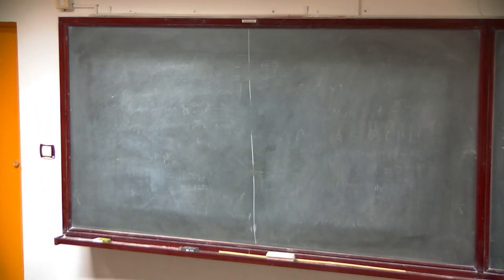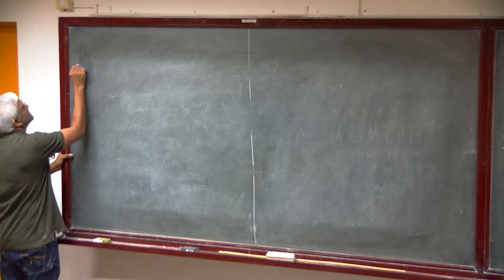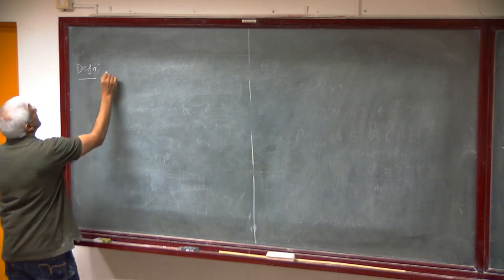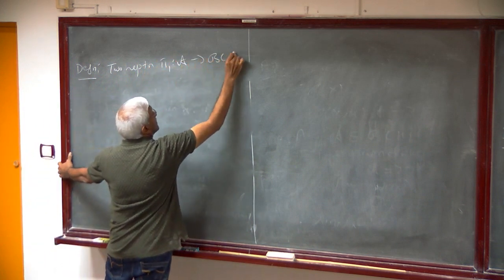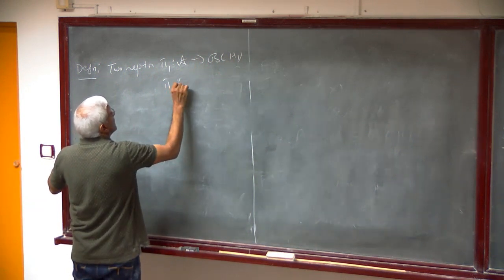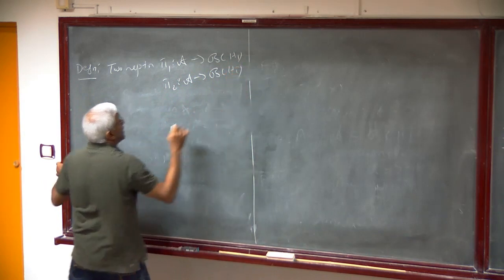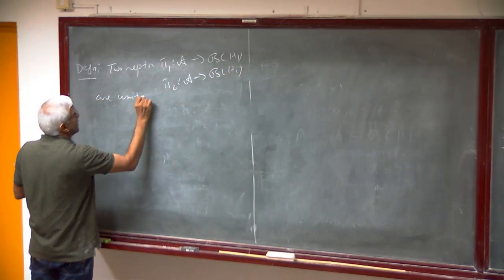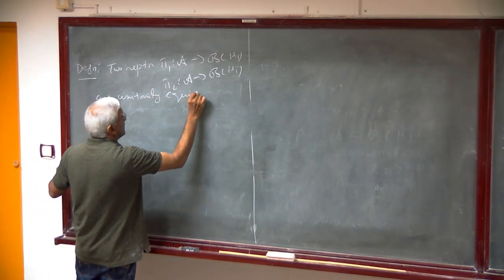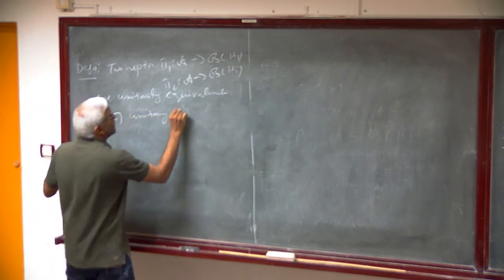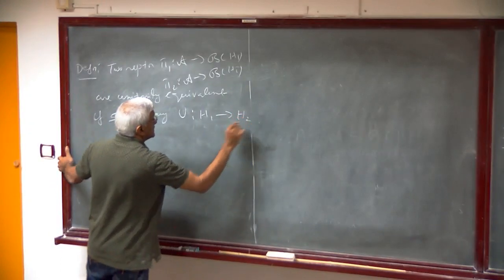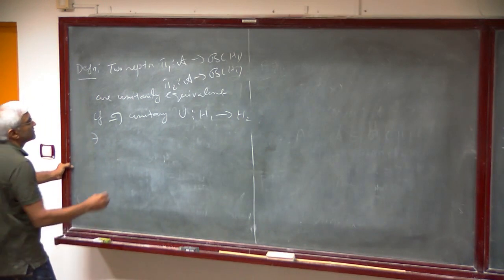Now, definition: two representations, pi 1 from A to B of H1, and pi 2 from A to B of H2, are unitarily equivalent if there exists a unitary operator U from H1 to H2 satisfying the following.